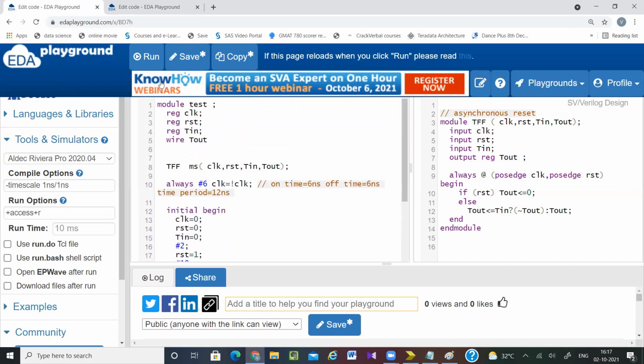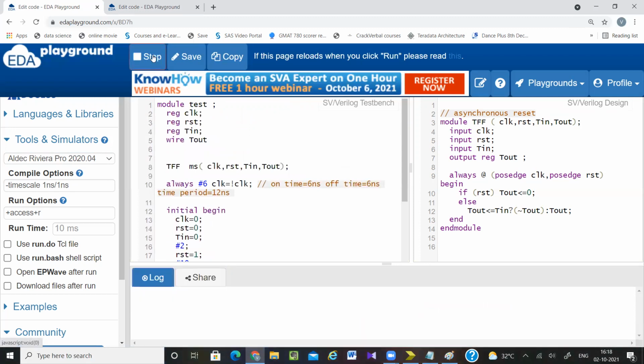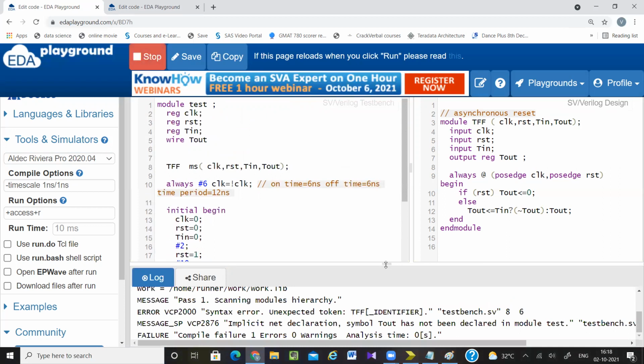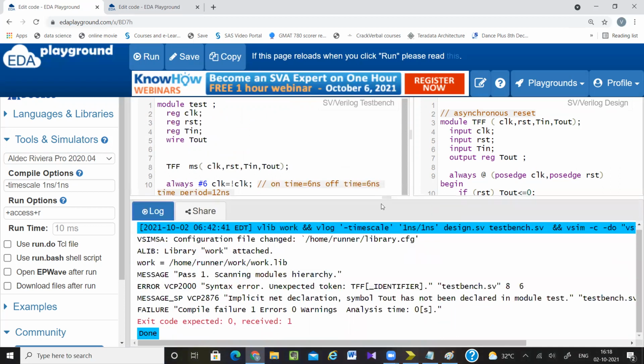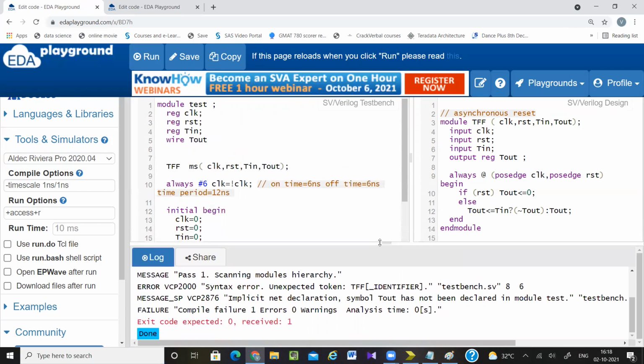So now I guess everything is okay. Just let me check. Okay, so unexpected identifier T flip-flop in the test bench. Okay, so here I have not given the same.